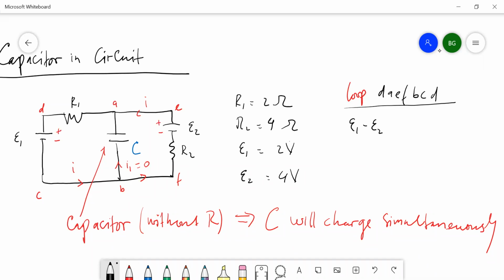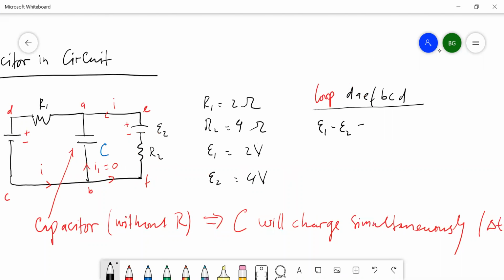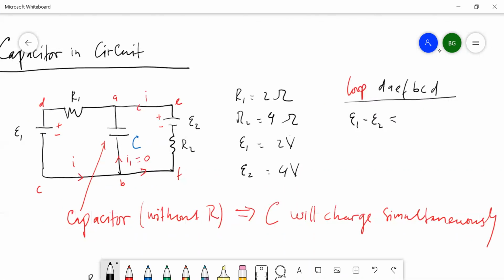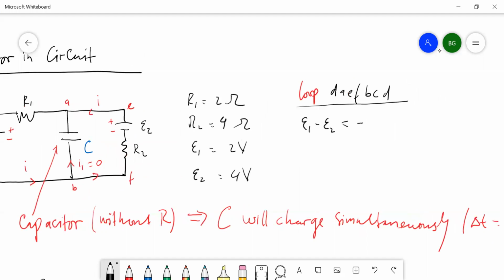Because the direction of the loop is clockwise, but the direction of the current is counterclockwise, we get minus I R1 minus I R2.